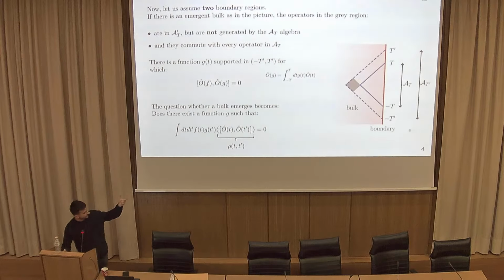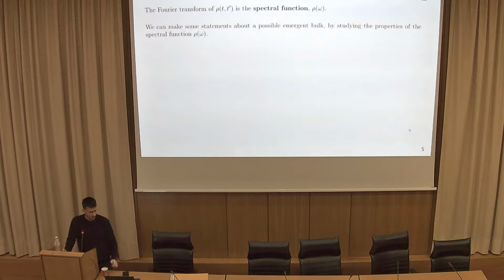And this integral contains this rho of t comma t prime function, which is pretty much the average of the commutation of the two operators, one at t and one at t prime, which is actually the function we are interested in. If we take the Fourier transform of this function, it is the spectral function, which we will use very soon. And the authors of the paper made some statements and proved some theorems so that they could extract some information from the behavior of these spectral functions and say something about whether we can have an emergent bulk or not.